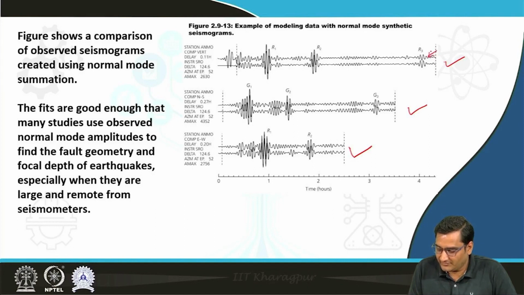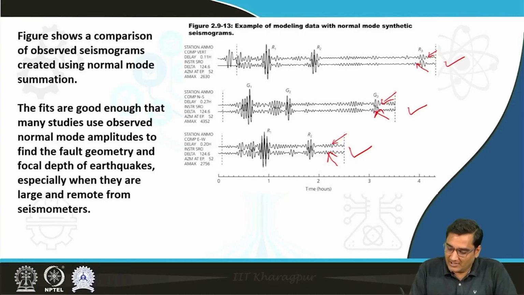The top one is the observed data for each component, while the bottom one is the synthetic vertical, synthetic north-south, and synthetic east-west component. Using normal mode summation, the fits are very good, and that is enough for studies that use observed normal mode amplitudes to find the fault geometry and focal depth of earthquakes, especially when they are large and remote from the seismometers.